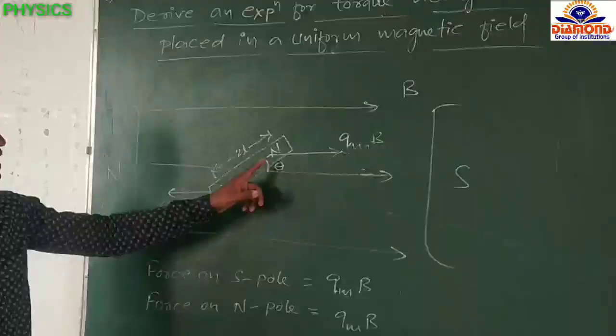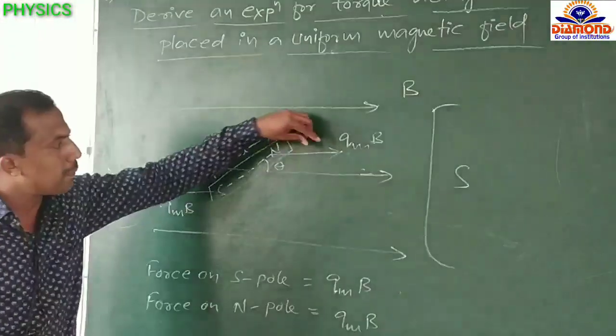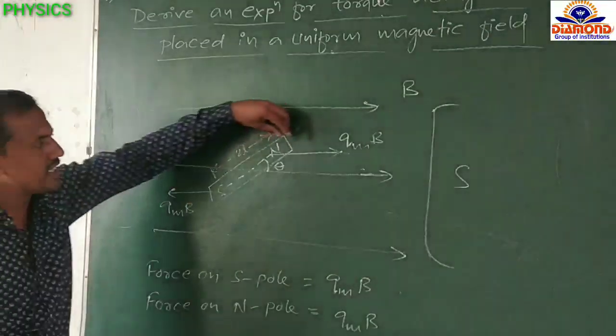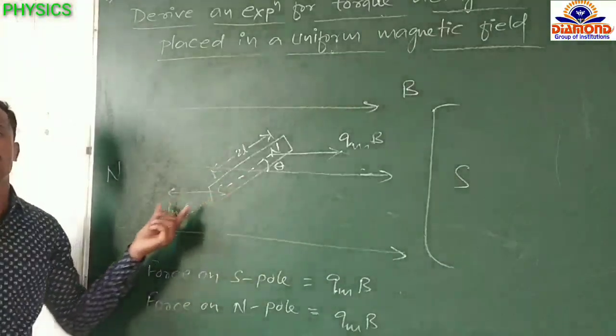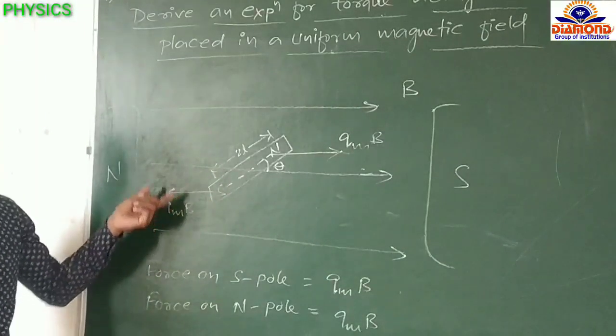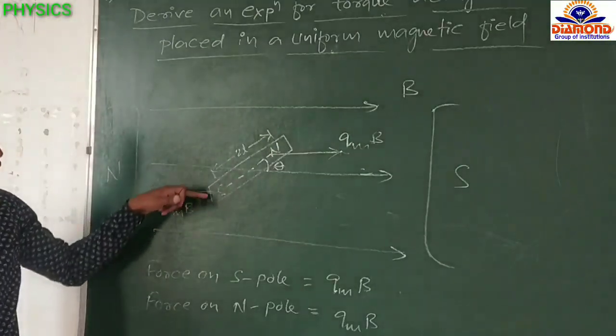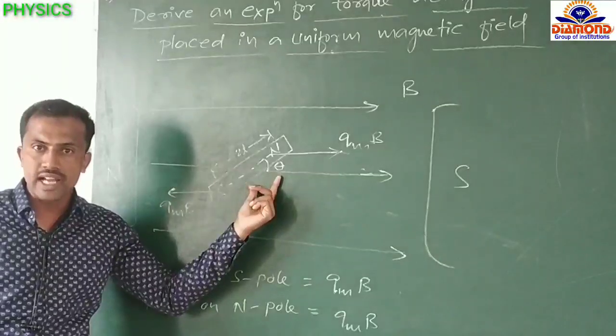Both forces are equal but in opposite directions. One is moving in the direction of the magnetic field, another one is opposite to it. Two equal and opposite forces are acting on a dipole.